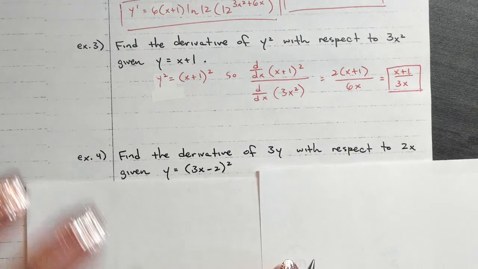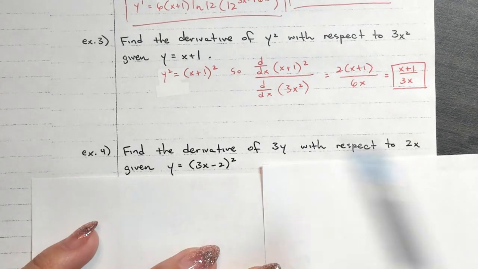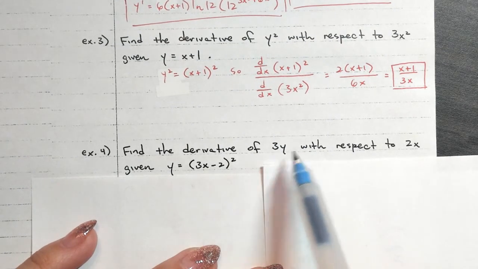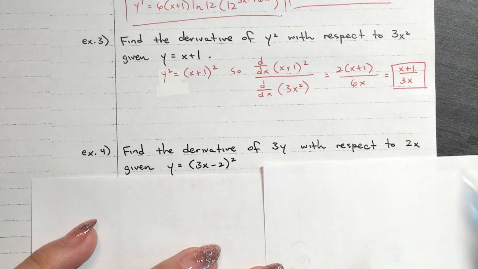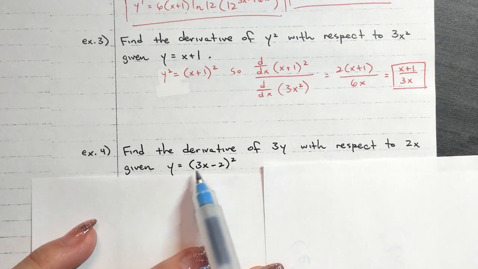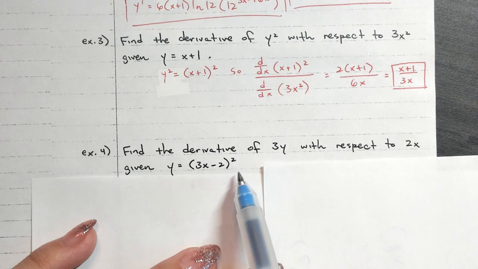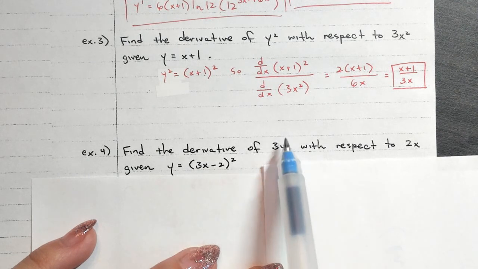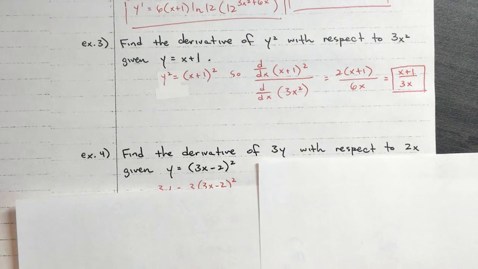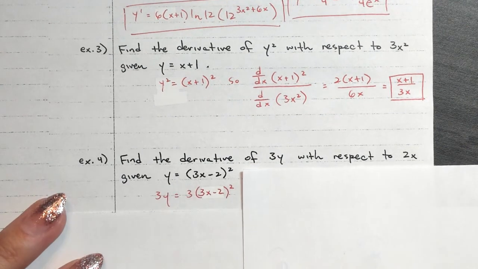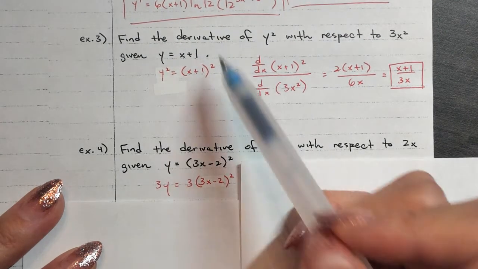So number 4, so thinking about how we did this, it says the derivative of 3y with respect to 2x. Okay, so we know how that's kind of going to be set up, and it does tell you that y equals that. So what are you going to do first? I probably want to make this into 3y. So I start with that. So times 3 gives me that. And then I want to write it this way.